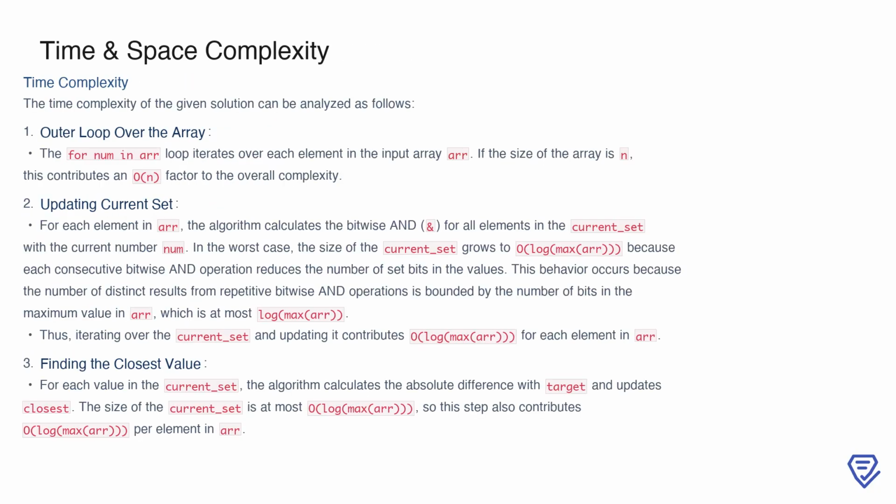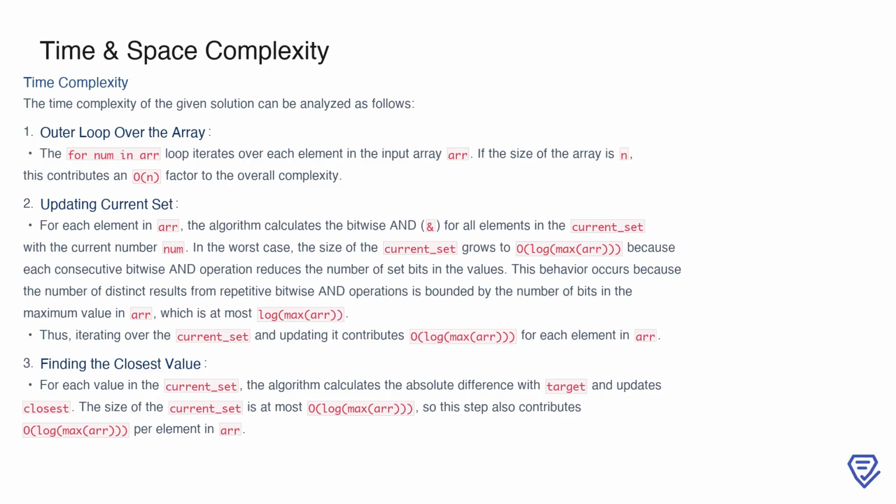To analyze the time complexity of this solution, we start by examining the outer loop that iterates over each element in the array ARR. If the array has n elements, this loop contributes an O(n) factor to the overall complexity. Next, within this loop, the algorithm updates current_set by performing bitwise AND operations between the current number and all values in current_set.